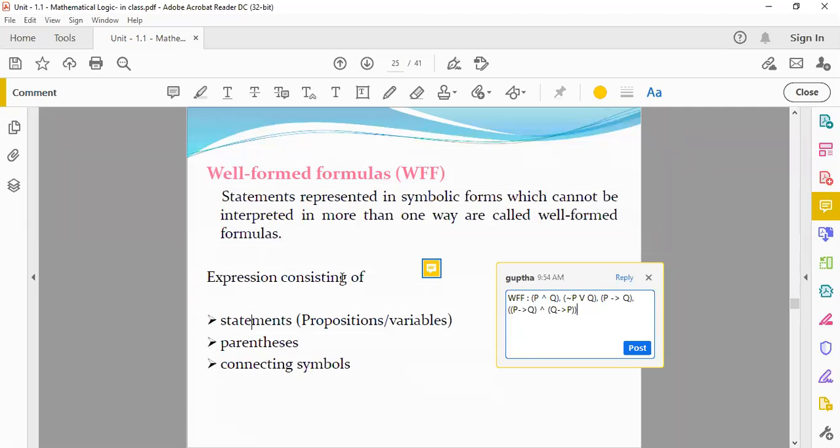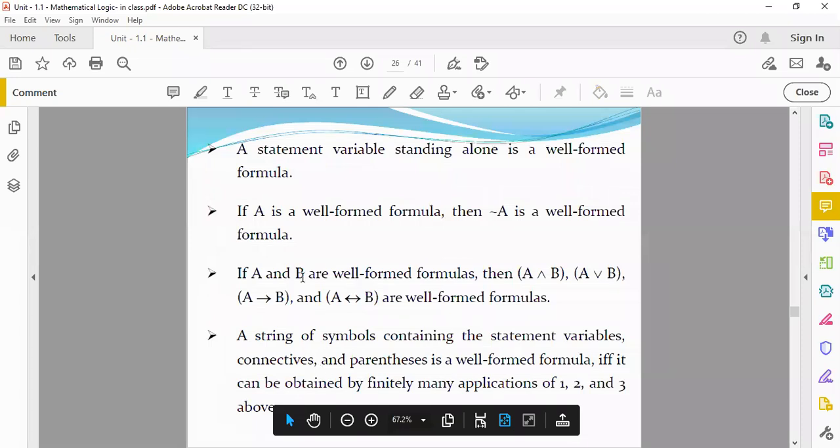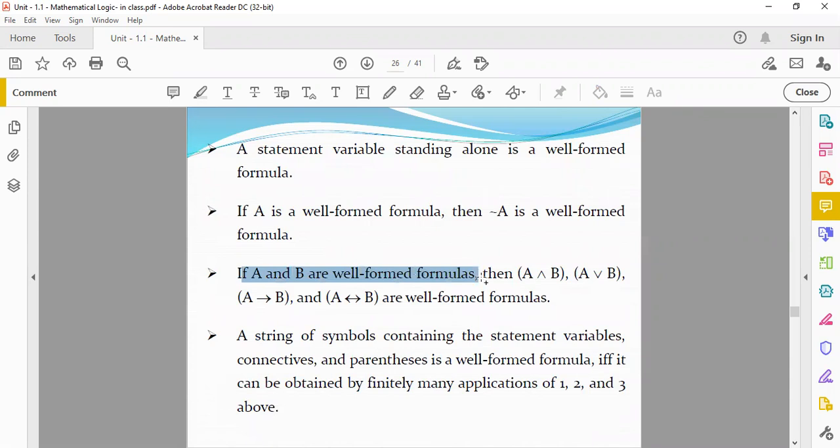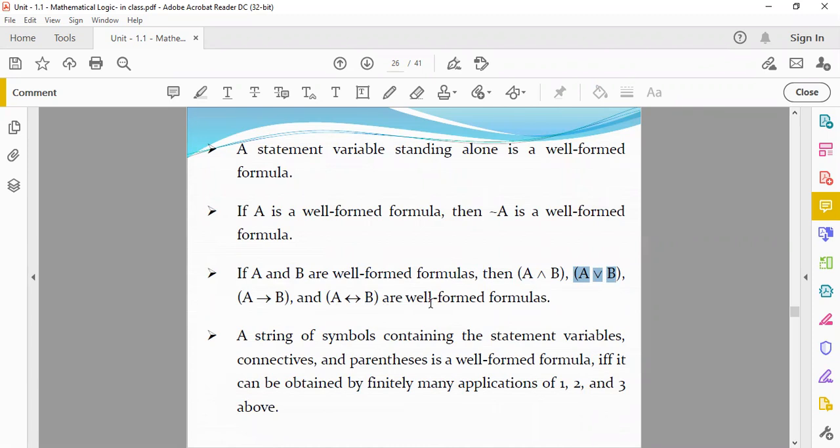So this is an expression consisting of statements, parentheses, and connective symbols. If A and B are well-formed formulas, then A and B, A or B, A implies B, and A if and only if B are well-formed formulas.